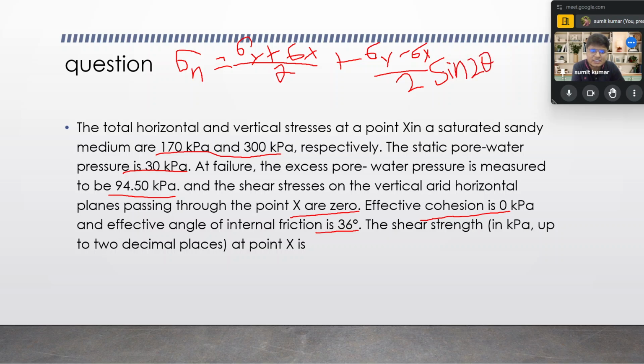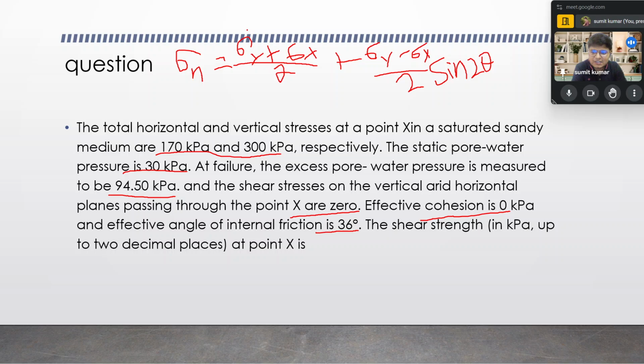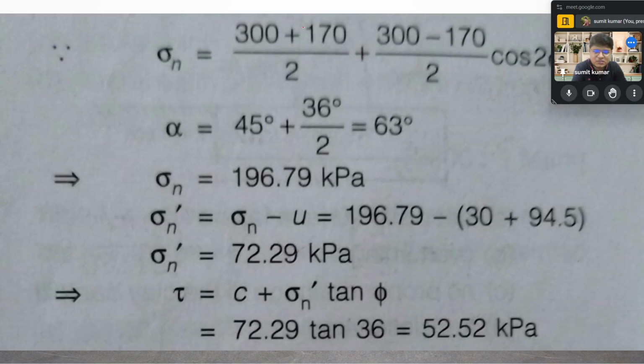Okay. So this is the relation which is used over here to calculate sigma n as (300 plus 172)/2. 300 is in the vertical direction and 172 in the horizontal direction. So (sigma y plus sigma x)/2 plus (sigma y minus sigma x)/2 cos 2 theta.